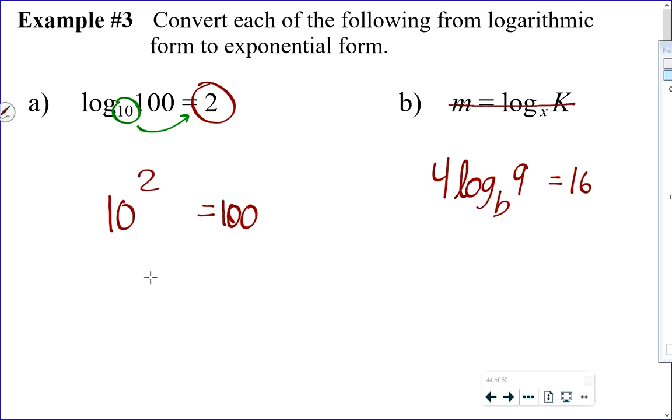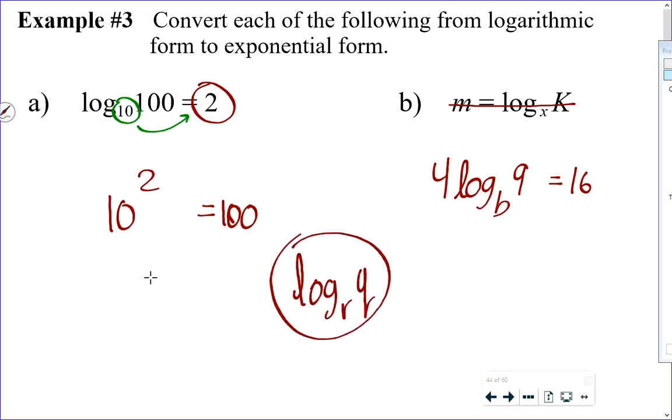Is that right? Okay. You cannot convert a logarithmic expression to an exponential expression until you first rearrange for the logarithm. So if I divide both sides by 4, I end up with log base b of 9 equals 4.